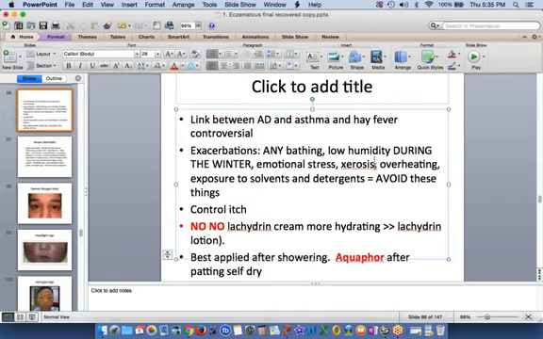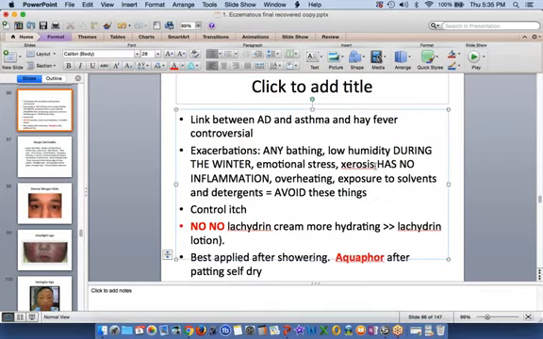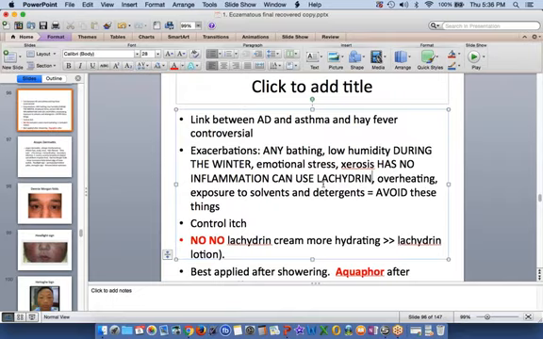Xerosis is xerosis. Xerosis has no inflammation. So the way I think about it is, it's not associated with inflammation, so you can use something like Lac-Hydrin.